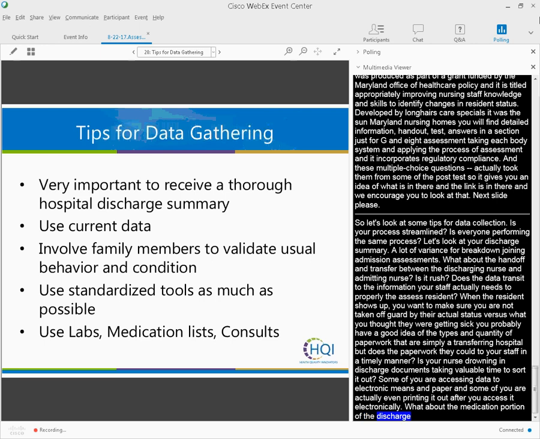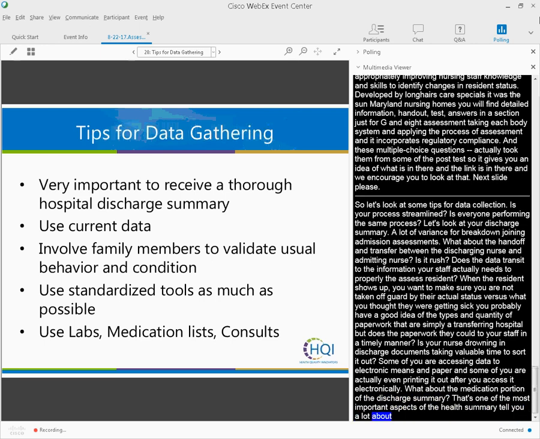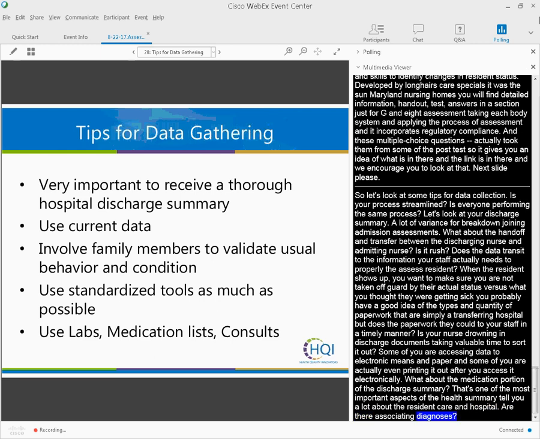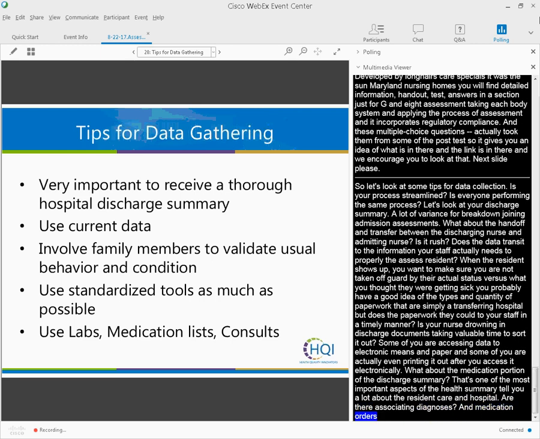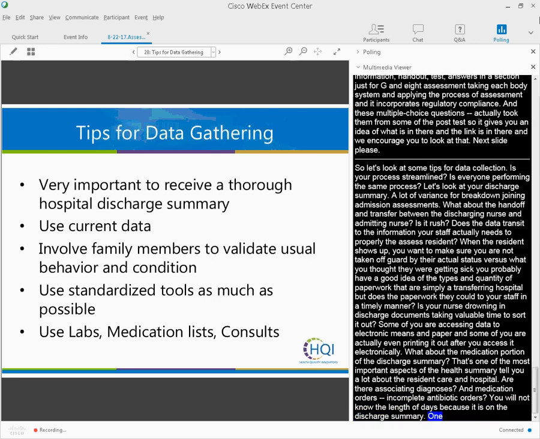Are there associated diagnoses? A lot of times we'll see that with medication orders, we're missing associated diagnoses and incomplete antibiotic orders. You won't know the length of days left to finish because it's just simply not on the discharge summary. In one study that was done, the referring hospital used a nursing home admitting document as a guide when they reported off.